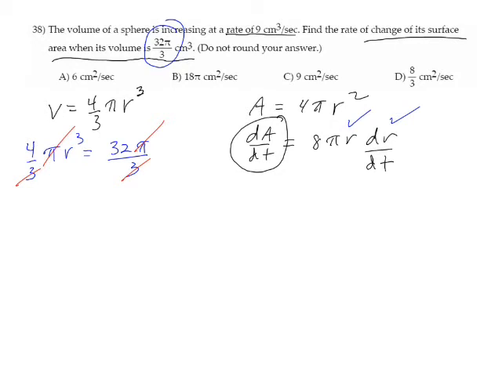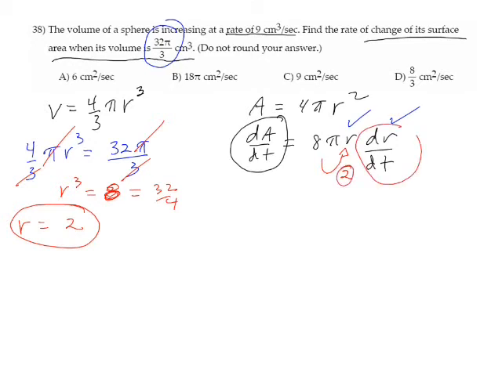We get r cubed is equal to 8, which is 32 over 4. So r is equal to 2 at the point we're trying to calculate dA/dt.